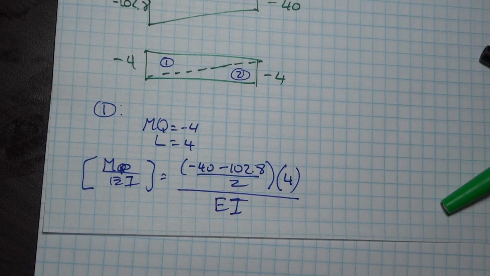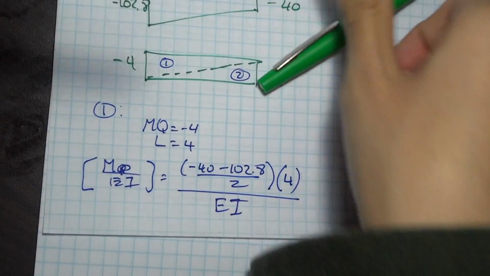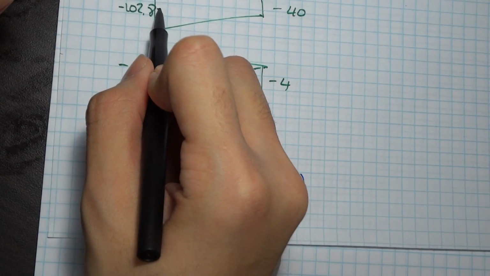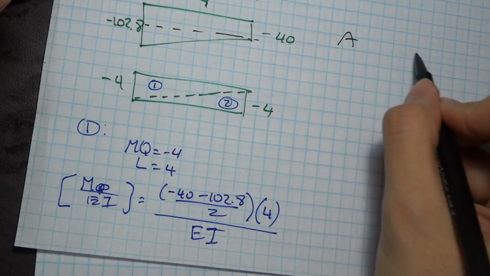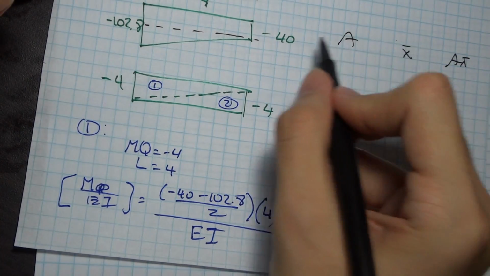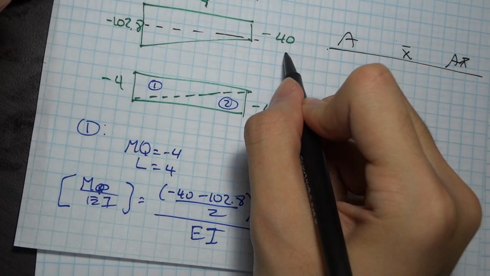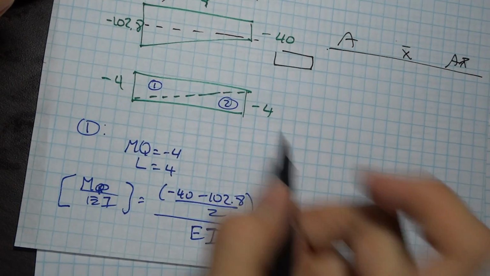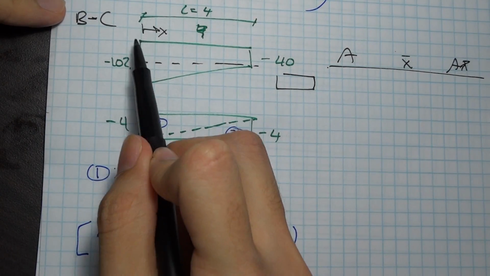And now the centroid. The centroid is the interesting one. For the centroid, I'm going to divide this up into two parts here. And I'm going to call this A. I'm going to use X bar. This is how I find the centroid. I draw my little shape, and I'm going to call from here X. So I want to find the centroid of this trapezoid with respect to this side.